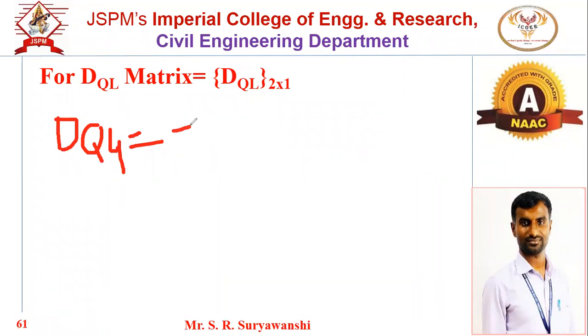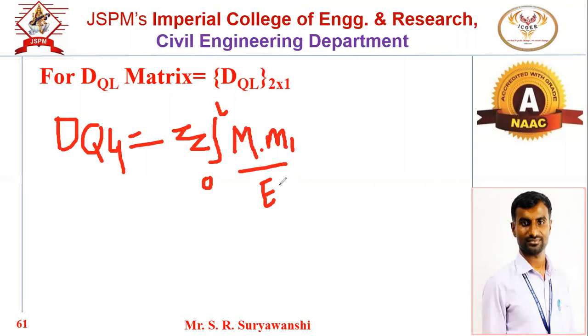The formula is summation, integration from 0 to L. That's why we have divided the zone into a number of limits. Summation 0 to L, capital M into small m1 divided by EI with respect to dx. This is the formula.